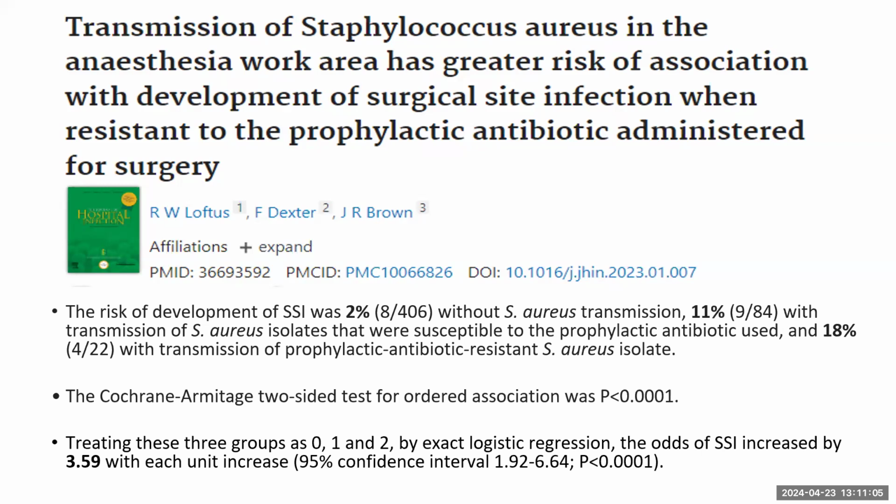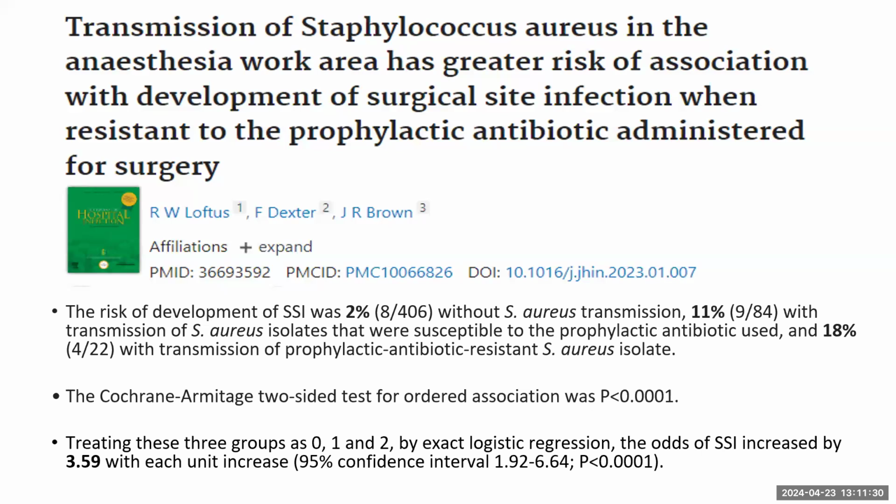And what I mean by movement is, for example, if a patient undergoing surgery happens to be colonized with Staph aureus in their nasopharynx, and that organism moves from the patient's nasopharynx to some other location that we typically measure, such as the anesthesia machine, then what you find is that there's an increased risk of infection.